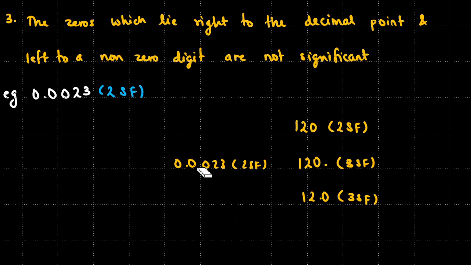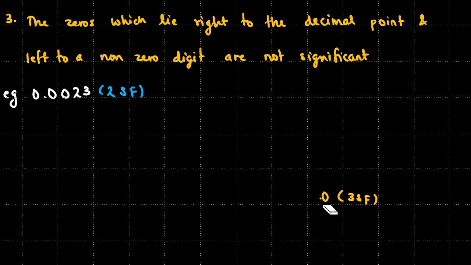Suppose, let's take an example. Since length is the easiest to understand, suppose I measured with my scale, and the scale has a least count of 1 millimeter, and I measured 7 millimeters.